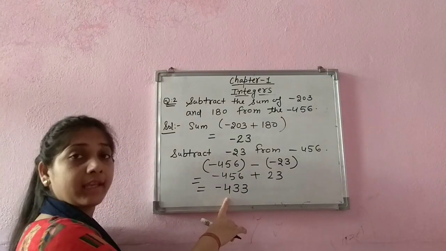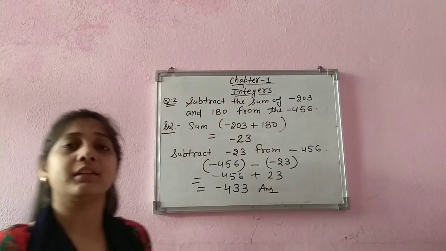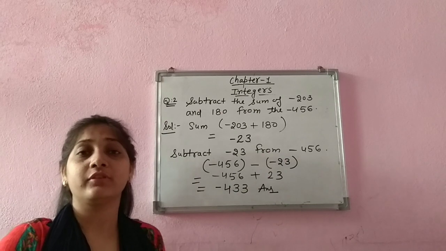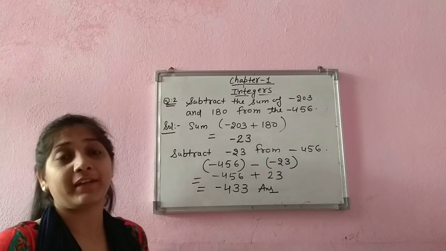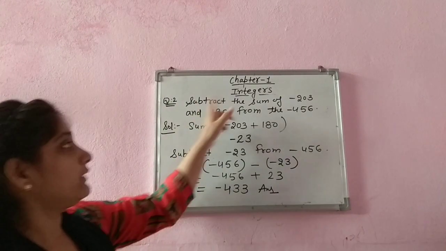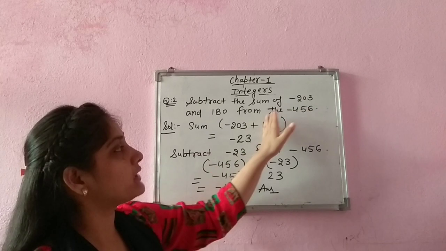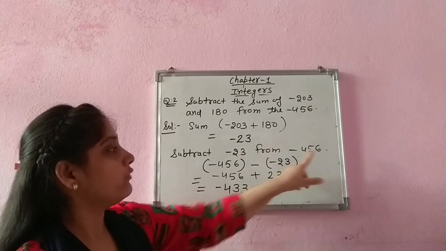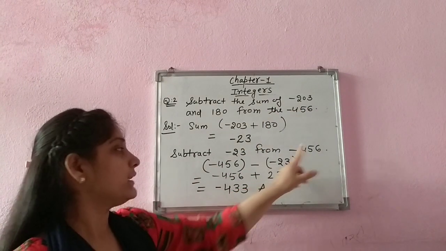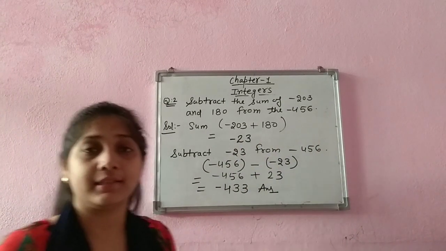So our answer is negative 433. We have to just read the language carefully. First we have to find the sum, or the subtraction from which we have to subtract which number. Here first we found the sum of these two, and whatever is the answer is to be subtracted from minus 456.